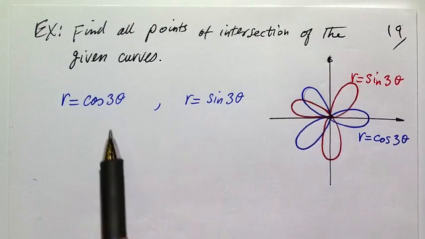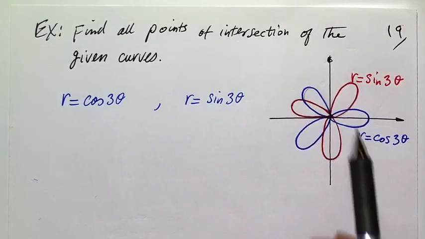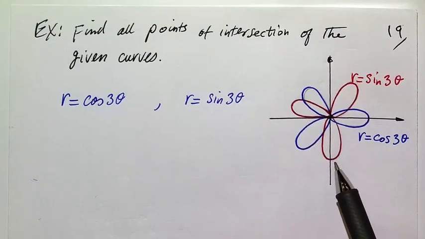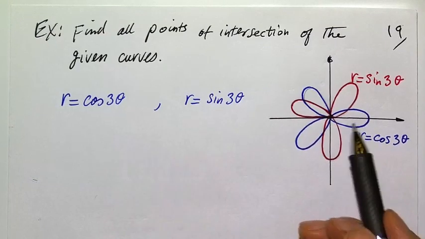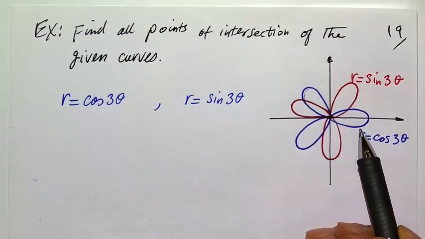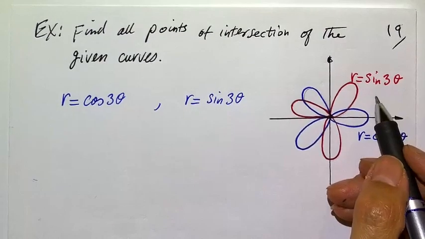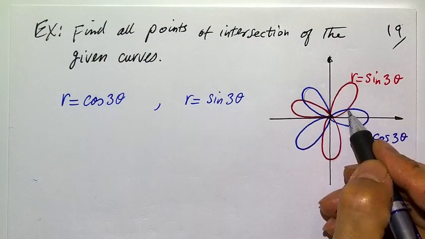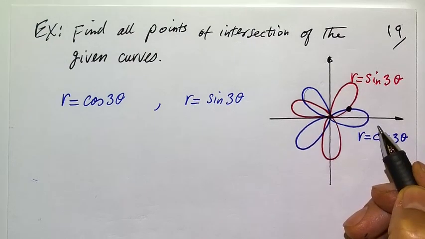So here we have two curves as shown. Again, I use technology to get what you see on the paper. And we want to find all the intersection points. Where are the intersection points? We have that one, right? Let's label these. We have that one.